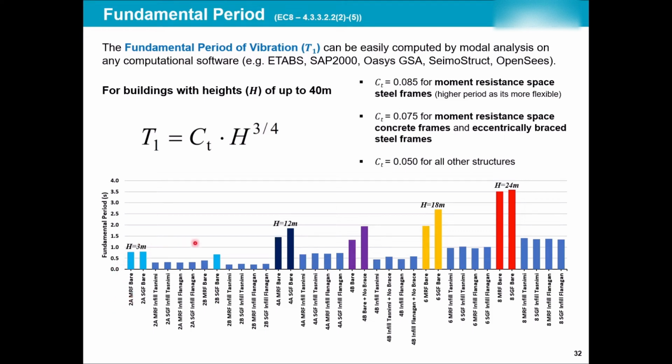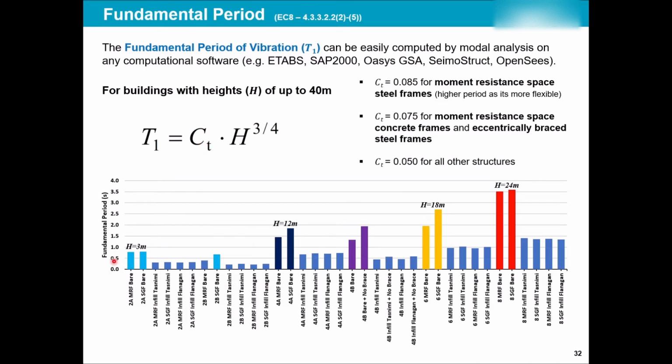For example, just concentrating on the 2-story buildings, you can see the fluctuation goes from this much all the way to this much. So if I was using this formulation, they all have the same height, so H would have been 3 meter. They all were, for example, the same material, so CT will be the same.